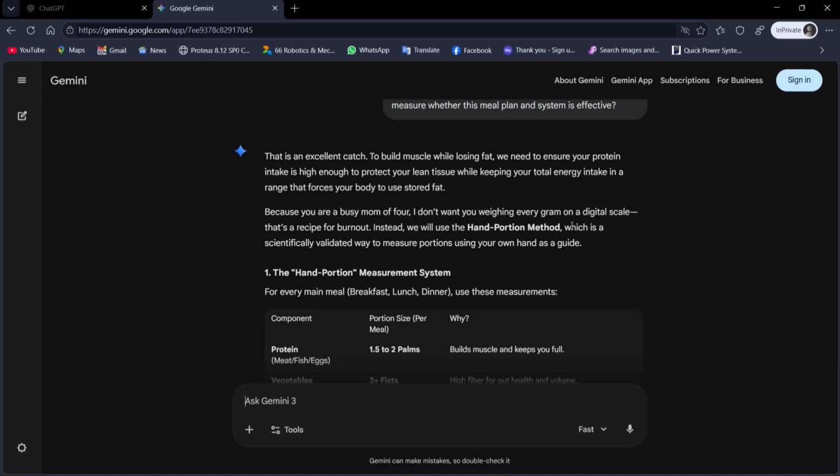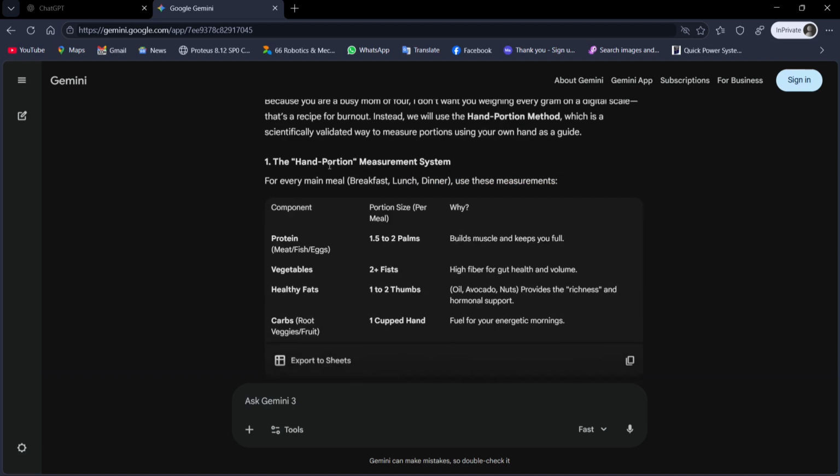Instead, we'll use the hand portion method, a scientifically validated way to measure portions using your own hand as a guide. The hand portion measuring system: for every main meal, breakfast, lunch, and dinner, use these measurements. Proteins, 1.5 to 2 palms, builds muscle and keeps you full.